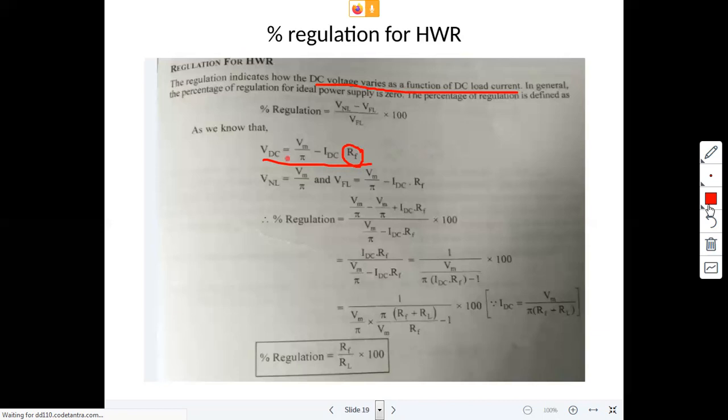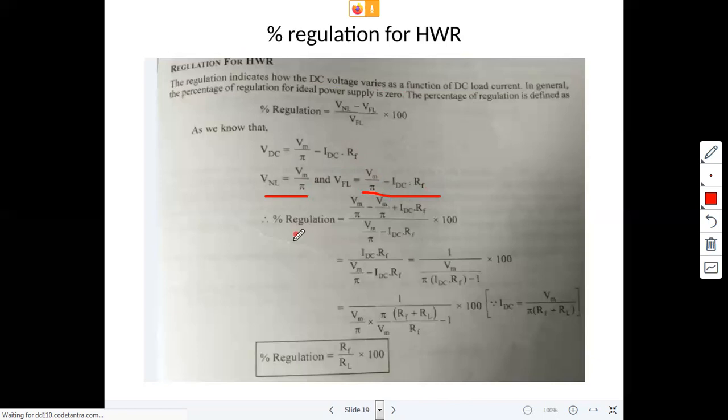Now for the no load condition, when there is no load connected to the circuit, the no load value is Vm by pi, and the full load value is Vm by pi minus IDC into RF.